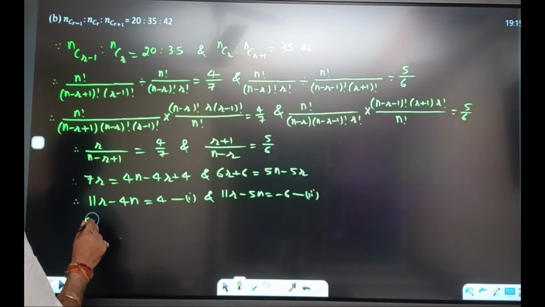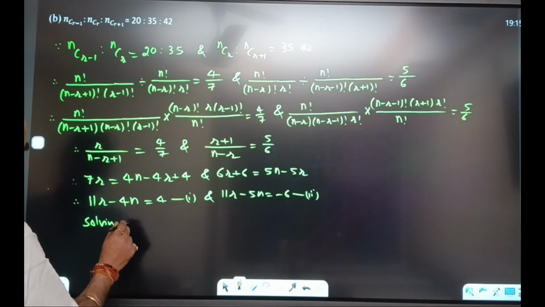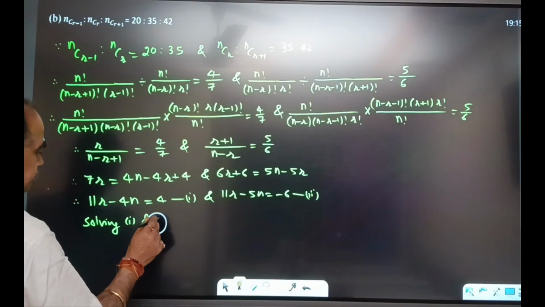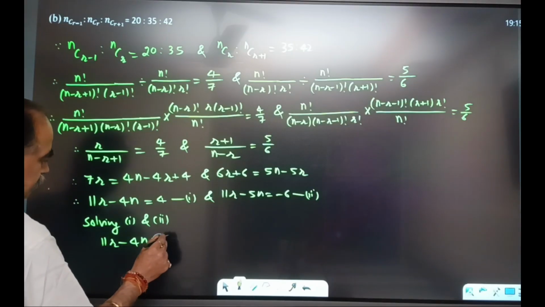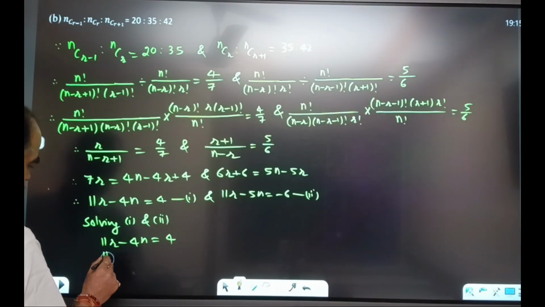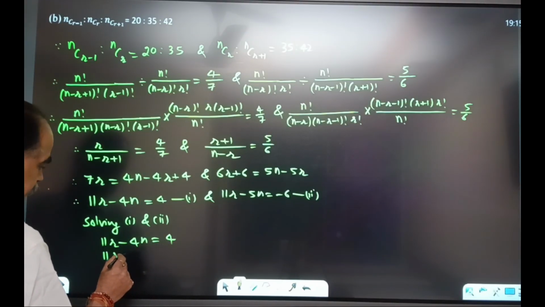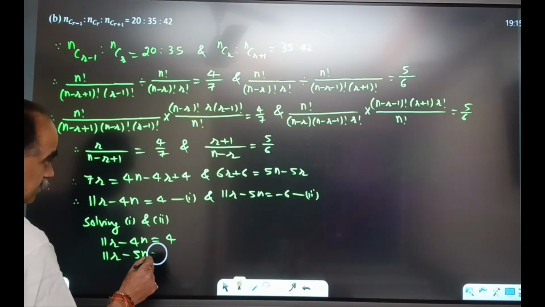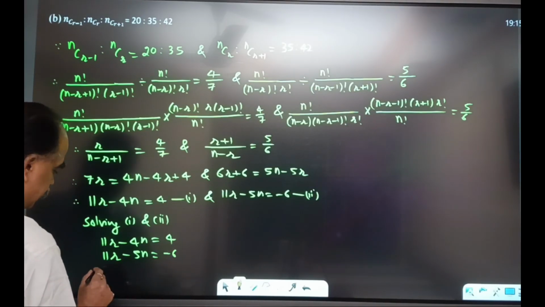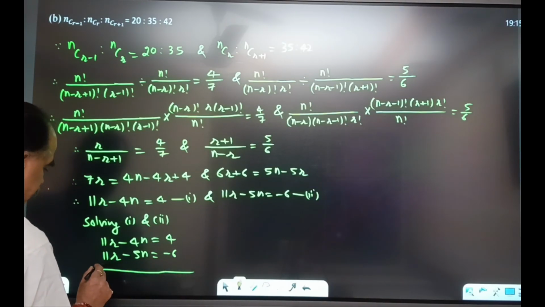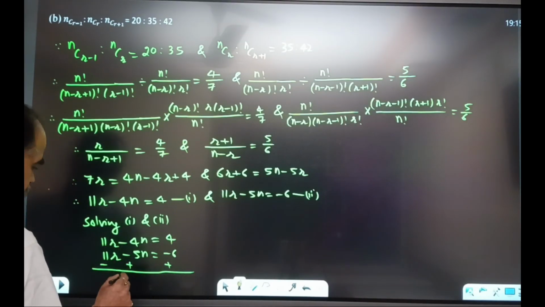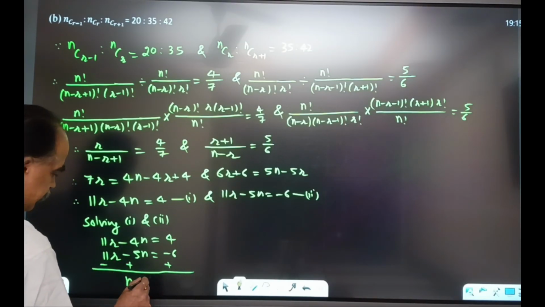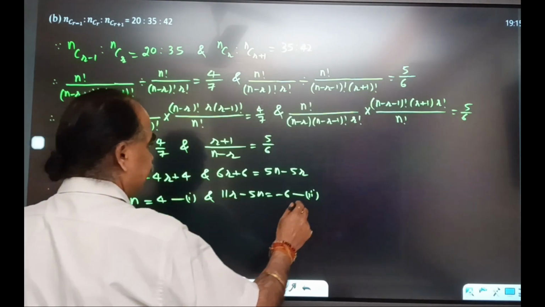Solving 1 and 2, subtract them, we get n is equal to 10.